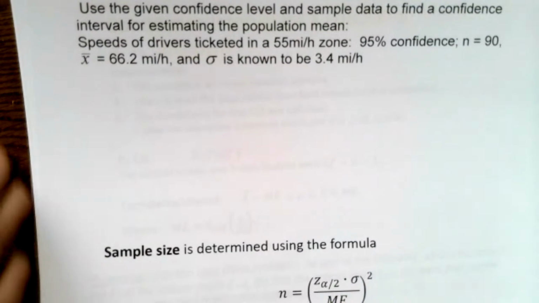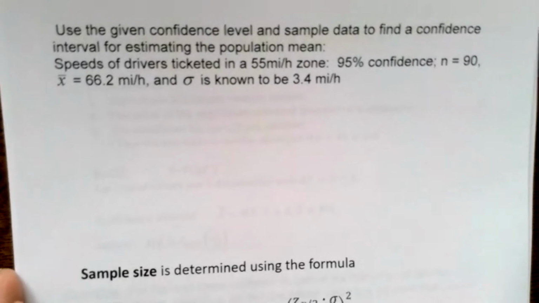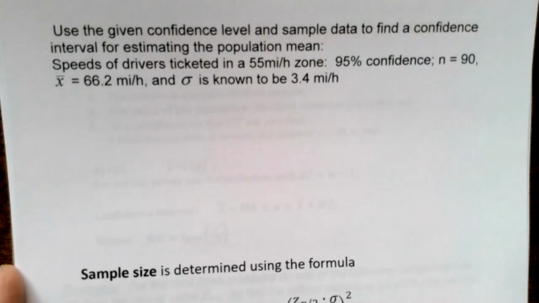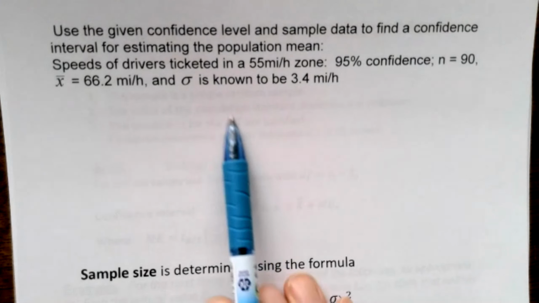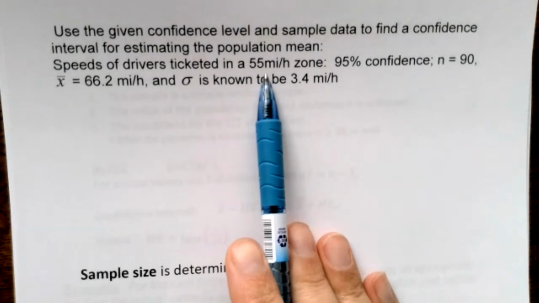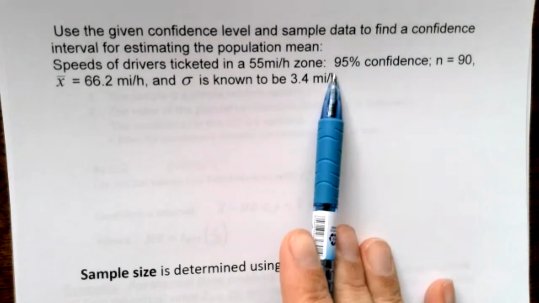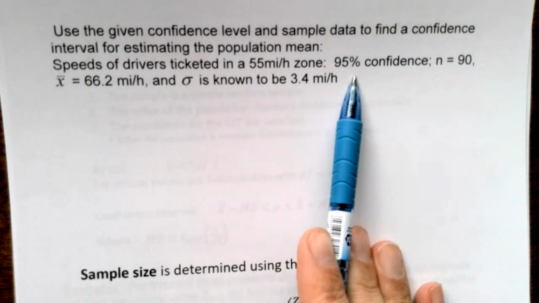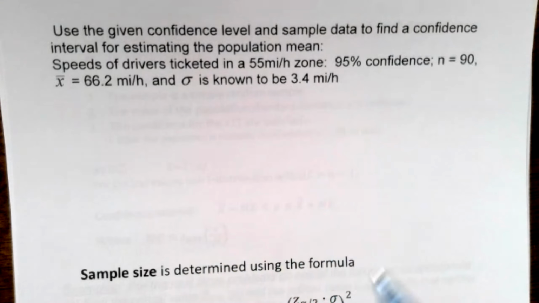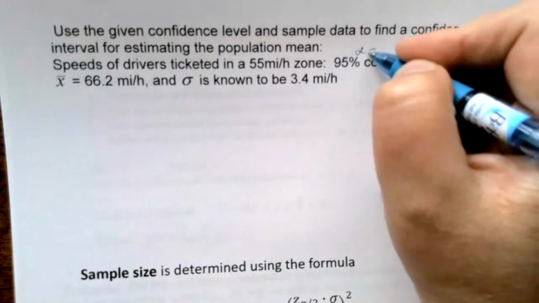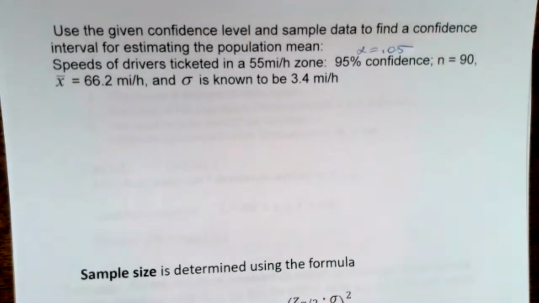Use the given confidence level and sample data to find a confidence interval for estimating the population mean. We have speeds of drivers ticketed in a 55 miles per hour zone. We have a 95% confidence level, so that gives us alpha of 0.05.